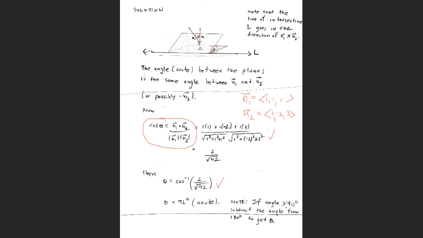Remember, we had the problem where we had two lines that intersected, and there was an acute angle and an obtuse angle between them. It's always nice to show the geometry.